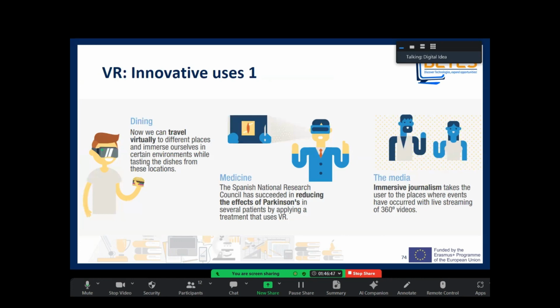Some innovative uses are in dining, for example, where you can eat the food and have the environment in your glasses and feel that you are in Spain eating Spanish food. In medicine or immersive journalism, where you can transfer yourself to the point where something happens.